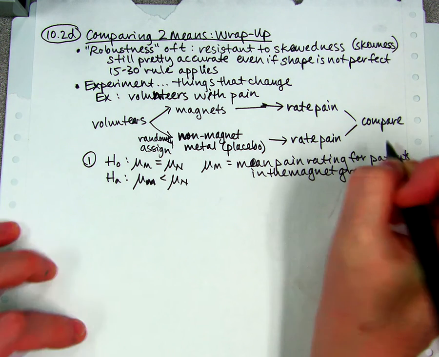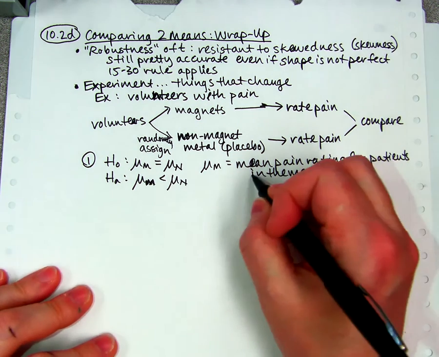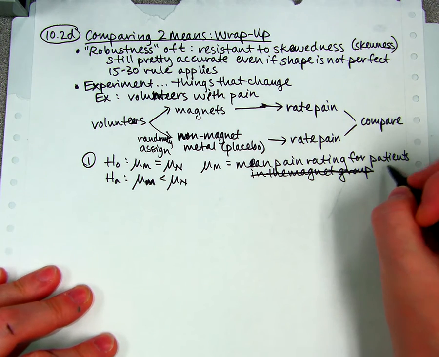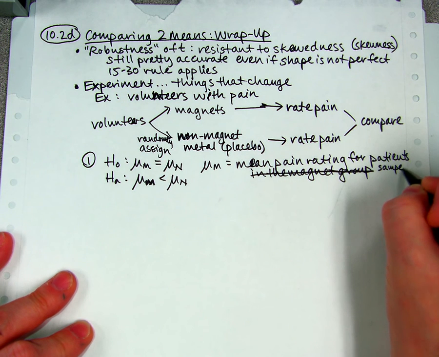And if we were in class, I would be asking someone to tell me what is wrong with that. It seems so logical that you just want to talk about these people who got the magnets, right? It's wrong because that's the sample. This is the sample, or the people actually tested. You want to write about the population.